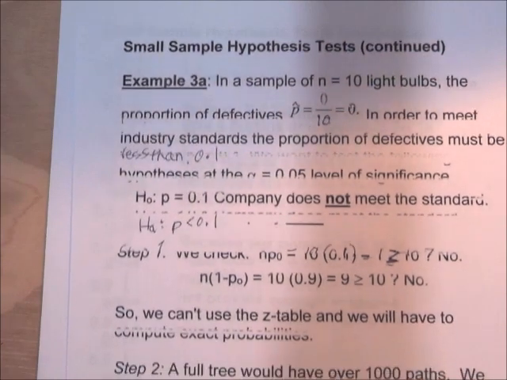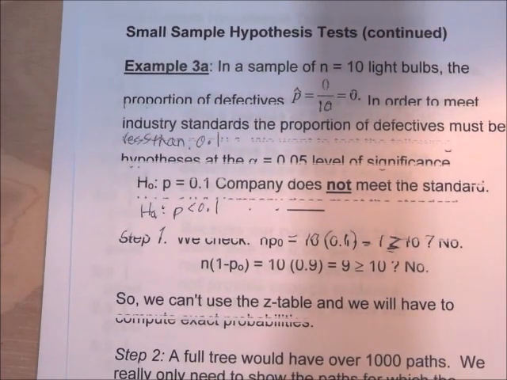The full tree would have over 1,000 paths, because each time you add a light bulb, the number of paths doubles. If you sample 1 light bulb, there's only 2 paths. Either the light bulb is defective or it's good. But if you check 2 light bulbs, now you have 4 possibilities: defective-defective, defective-good, good-defective, good-good.